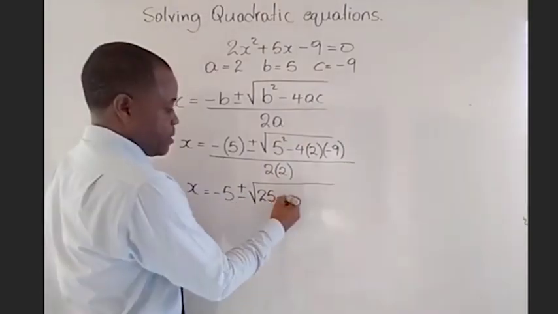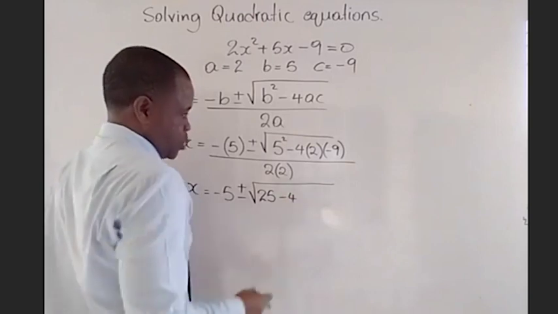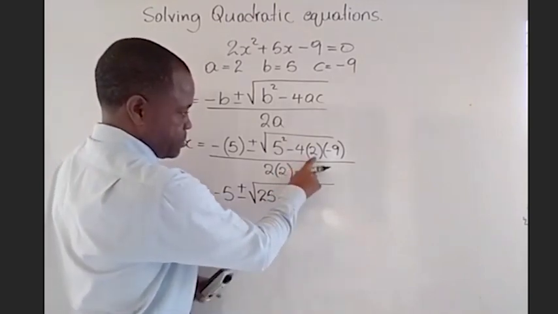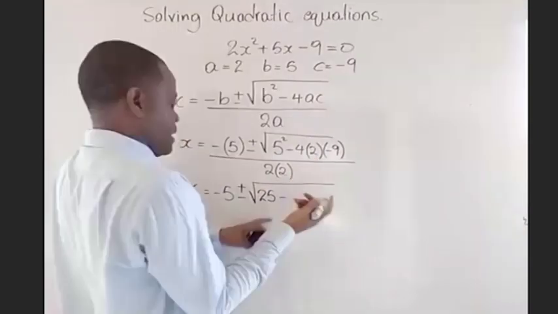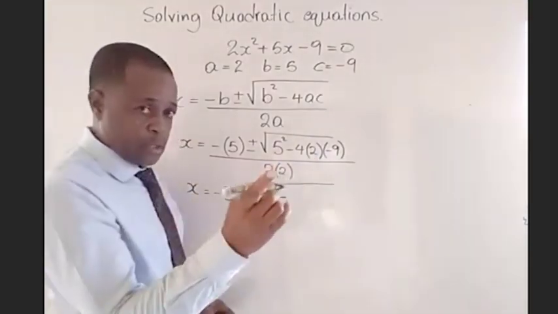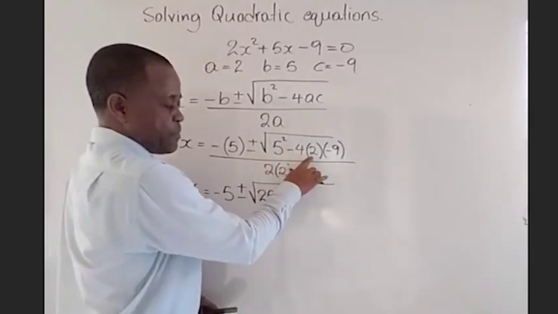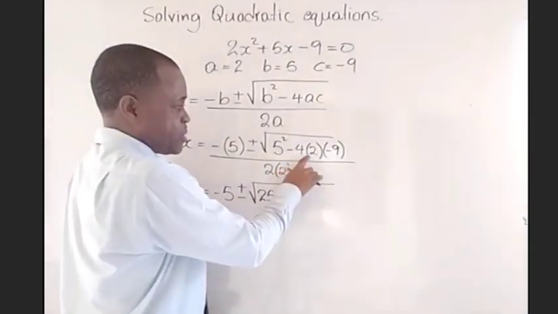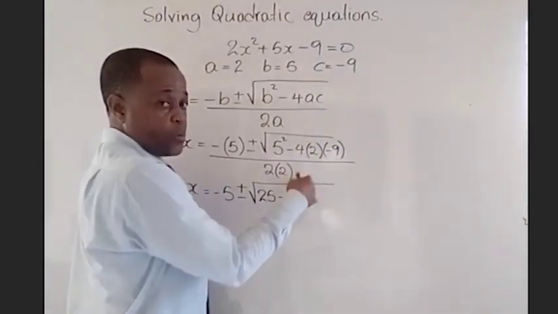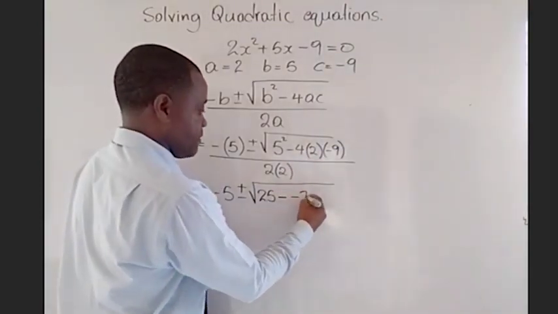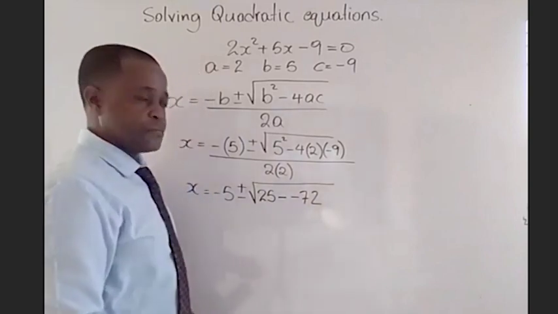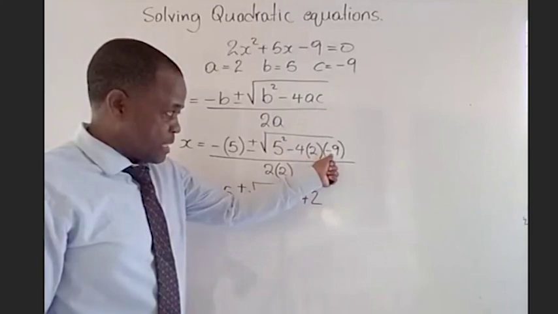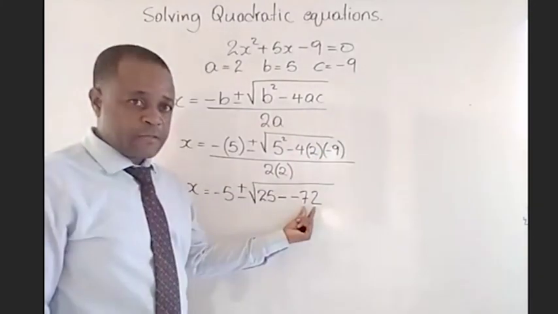So now we end up with negative 4 times 2. Let me put back my minus sign because I want to show you something. So it's going to be 4 times 2, which gives me 8. And then 8 times negative 9 ends up giving me negative 72.